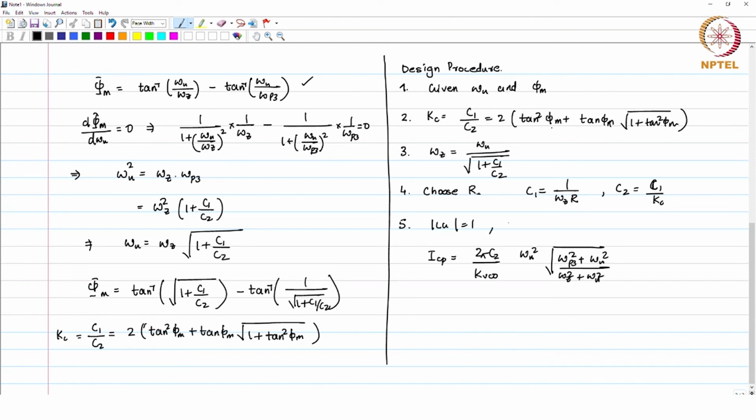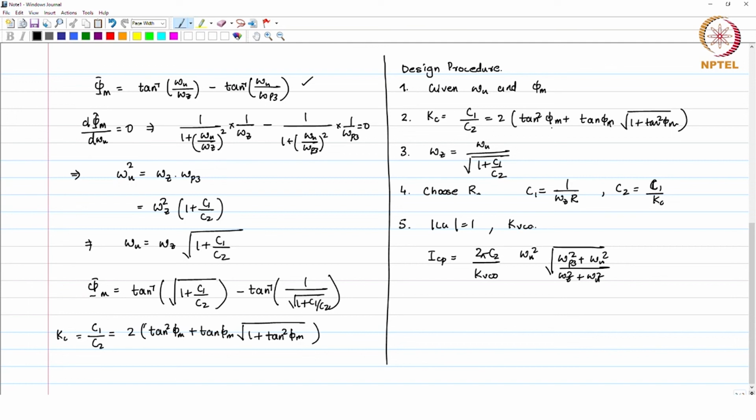Here you need to know your KVCO. So, you can find the ICP. You look at it: given omega u and phase margin, you found your C1 by C2, then omega z, then you choose R, you could find the C1 and C2, and you can find ICP.